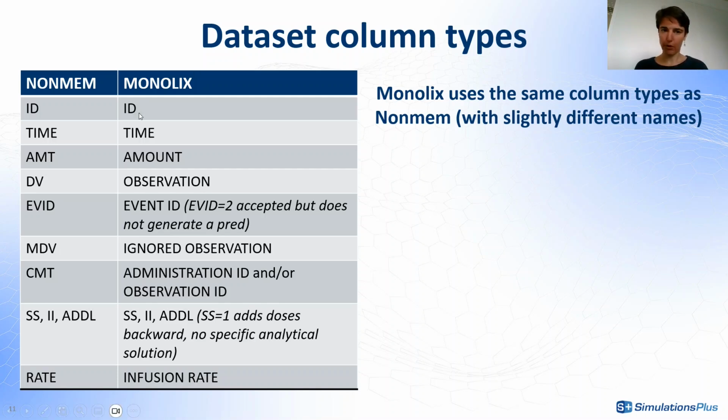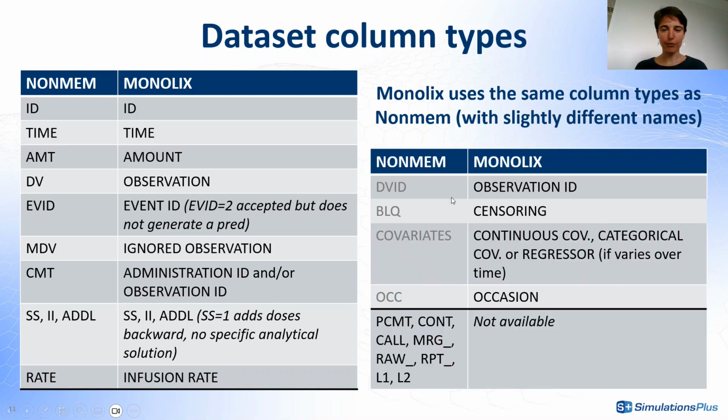So ID would also be ID in Monolix, time is time, AMT we would call amount, DV we call observation, EVID we call event ID, MDV we call ignored observation. CMT is a bit special, I'm going to come back to it later. You can tag it in Monolix as either administration ID or observation ID. SS, II, and ADDL have the same meaning as in Nonmem with the same names. And RATE, we would call infusion rate.